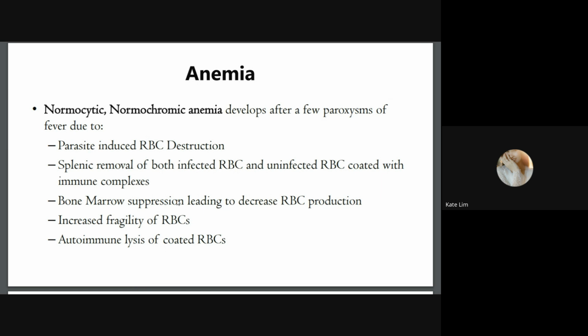So this is where another factor of your anemia comes in. Next, we have increased fragility of RBCs. The infected RBCs are often structurally weakened by the parasite's presence, making them more prone to rupturing.